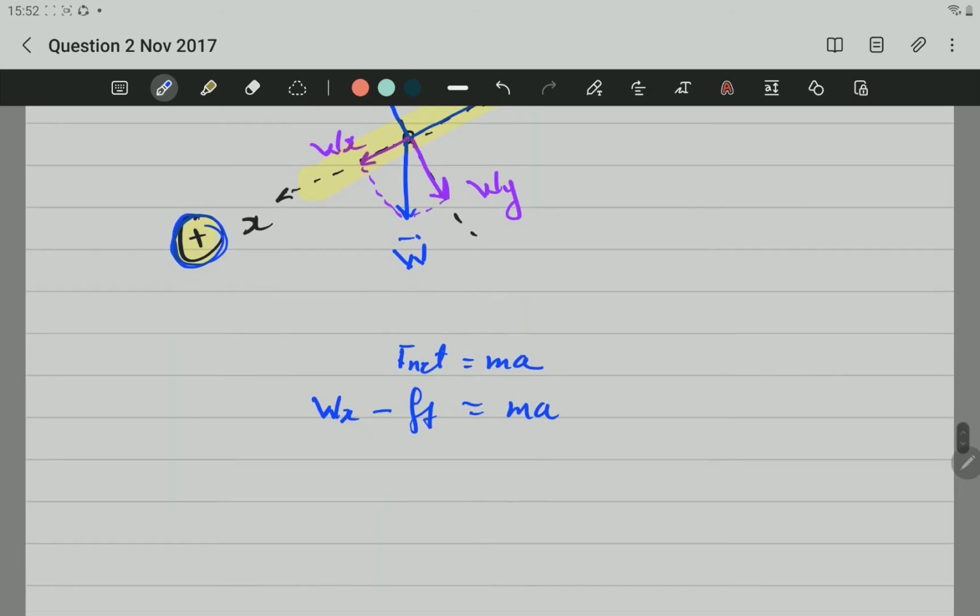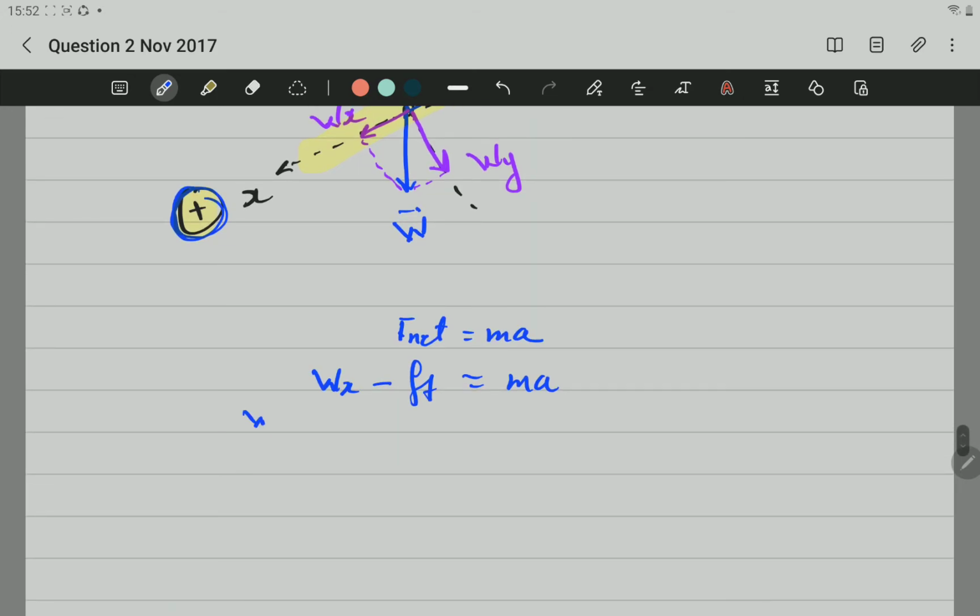So the weight in the x-axis is equal to weight multiplied by sine of 30 degrees, minus the frictional force is equal to ma. If you carry on, this is mg sine 30 degrees minus the frictional force is equal to ma.